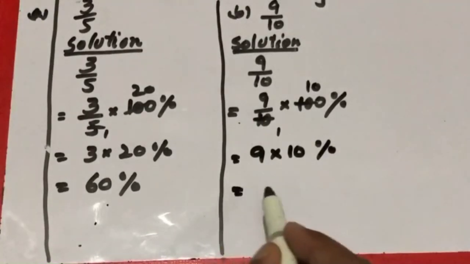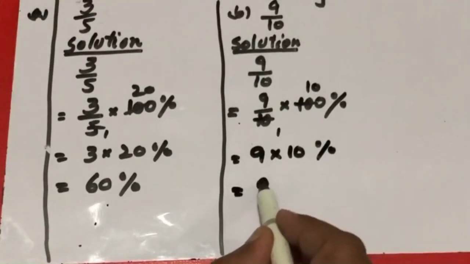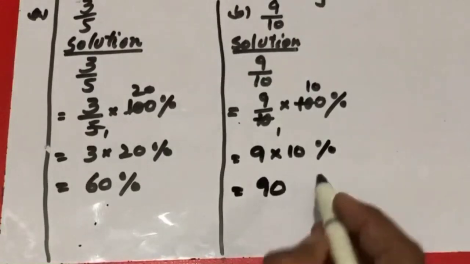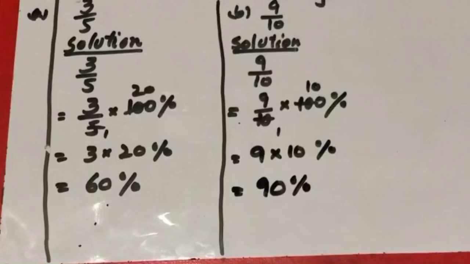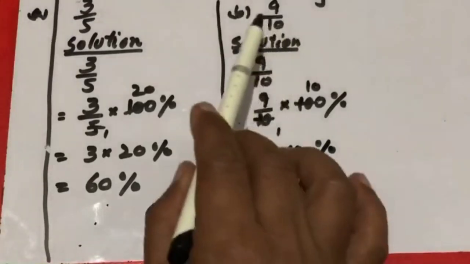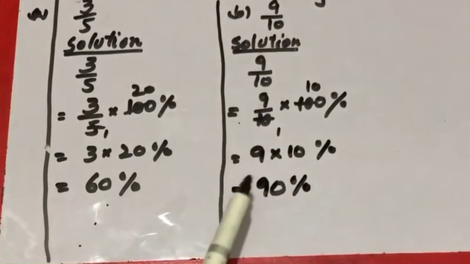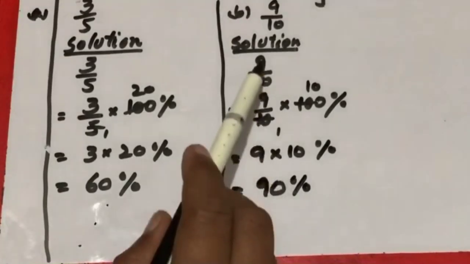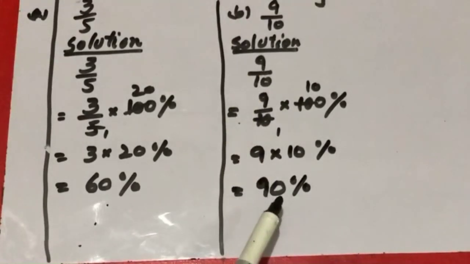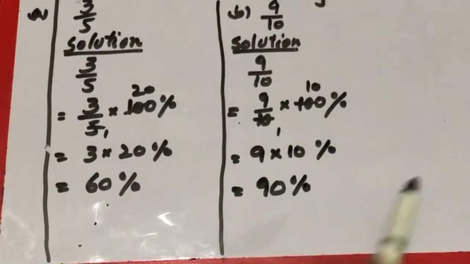If we multiply 9 by 10, we will have 9 tens are 90 and the percentage symbol as it is. So the fraction 9 over 10 can be written as 90%. We have converted 9 by 10 into a percentage, which becomes 90%.